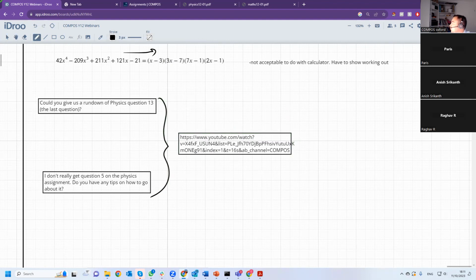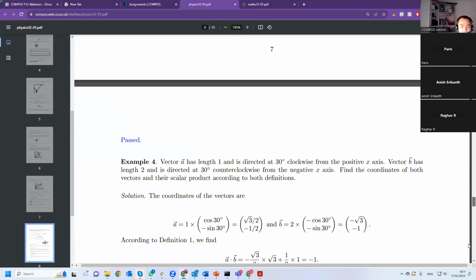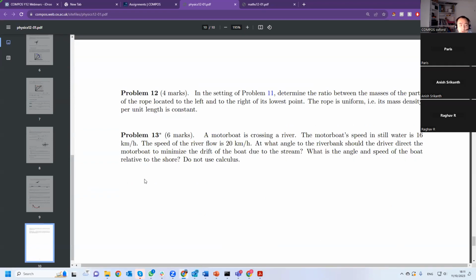And what does "do not use calculus" in the last question on the physics assignment mean? Well, any minimization question can be solved using calculus. "Do not use calculus" refers to the fact that using calculus would be incredibly difficult and we don't expect you to do it.